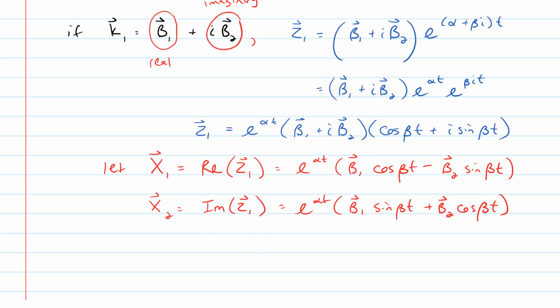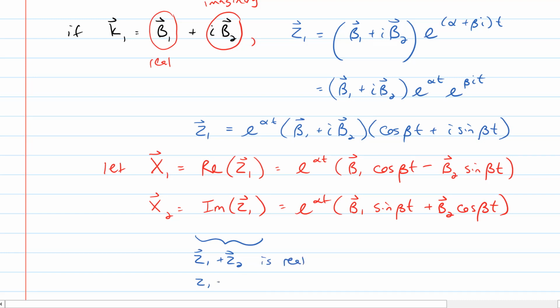Let's remind ourselves of what we said before. Z1 plus Z2, if you were to write out Z1 and Z2 from above, is real, and Z1 minus Z2 is imaginary.